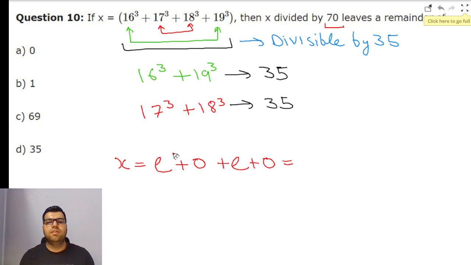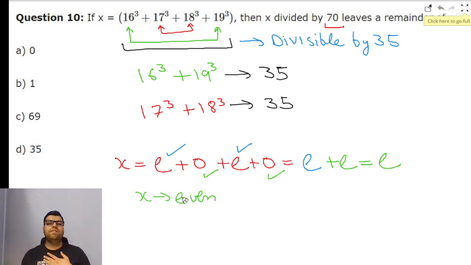So even plus odd plus even plus odd. Club the two evens: even plus even is even. Club the two odds: odd plus odd is even again. Even plus even is finally even. So x is even.